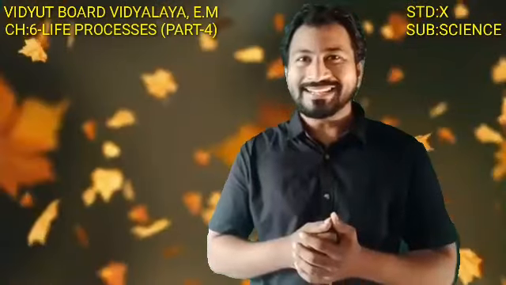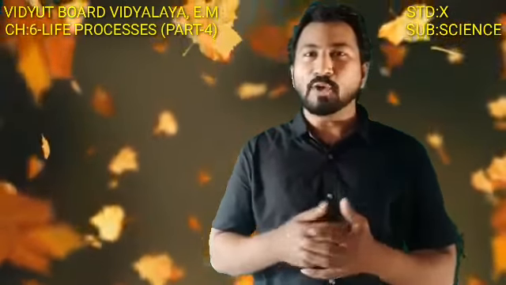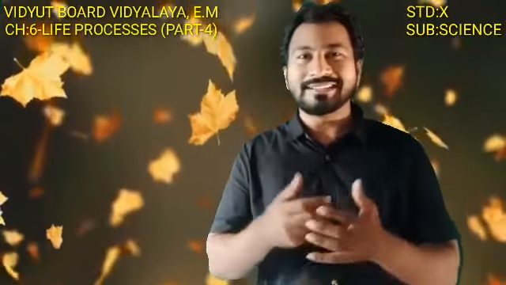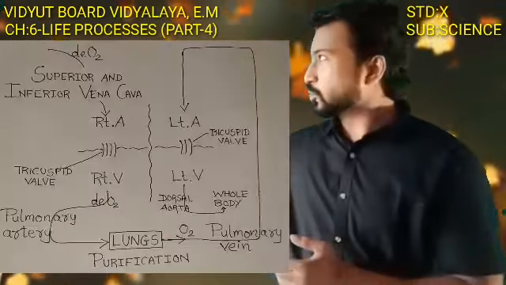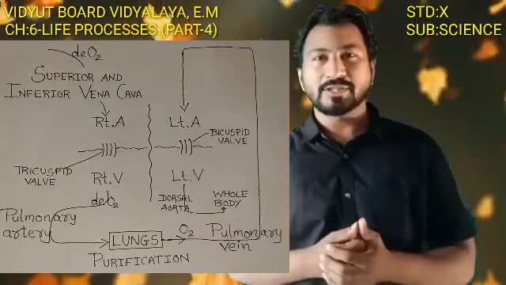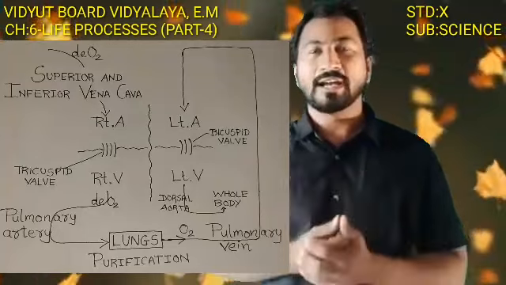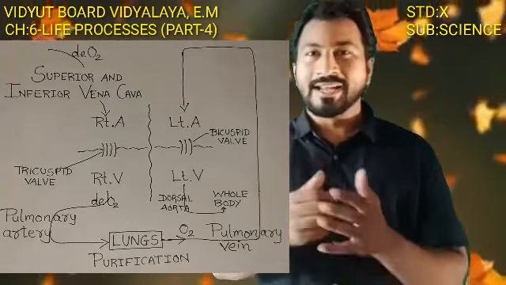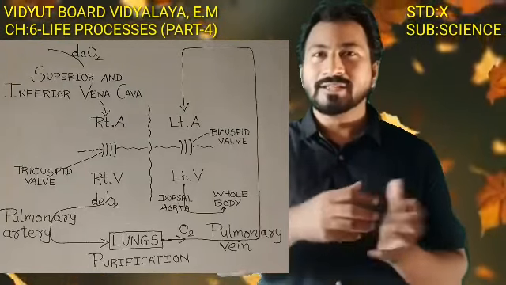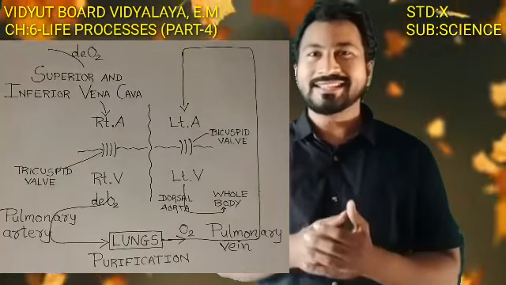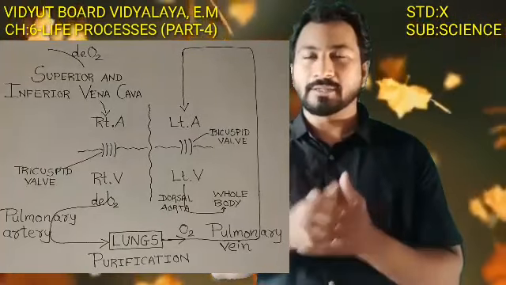Now, let us discuss how the purification of the blood ultimately takes place. Here is a pictorial representation for the purification of the blood. It mainly starts with the impure blood, that is the deoxygenated blood.